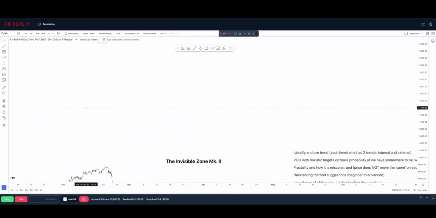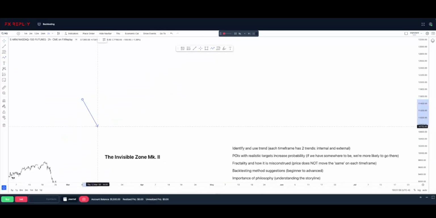If you weren't in my mentorship, the pattern IZ is essentially just an invisible zone that has a non-successful anchor A, so a failure anchor A. So for instance, this low did not run the high that it came from technically on the time frame that we're looking at, but we still get a pattern that seems to make a hump, create an invisible zone with another failure low right here, and then come in between and give us a bounce to continue. This is a pattern IZ.